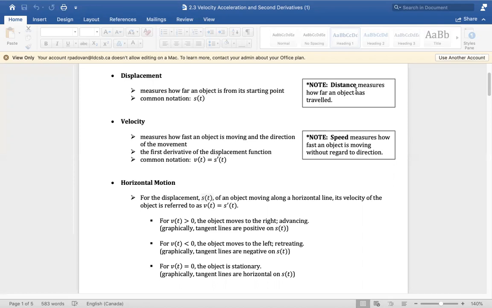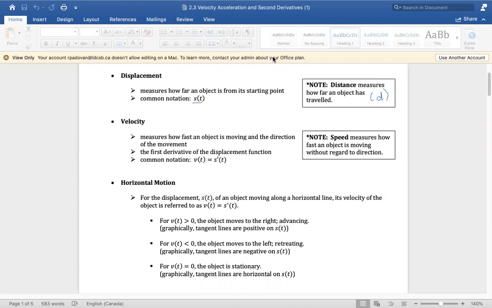Whereas the distance would measure how far I've traveled. So the distance would measure from London to Toronto and then from Toronto to Woodstock, for example. And distance would be labeled as a D for distance. So that's why we don't use D for displacement. That's why we're going to label displacement as S of t.